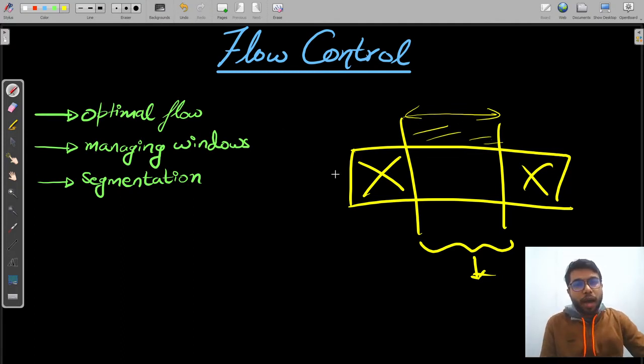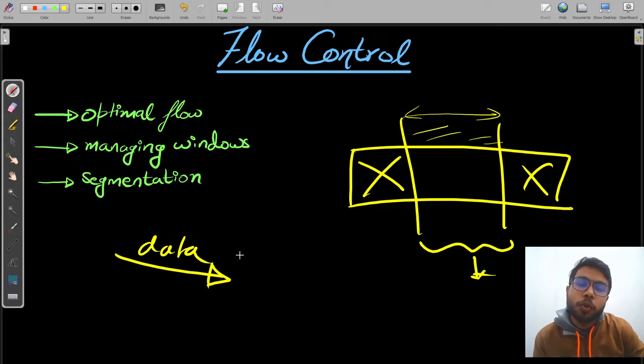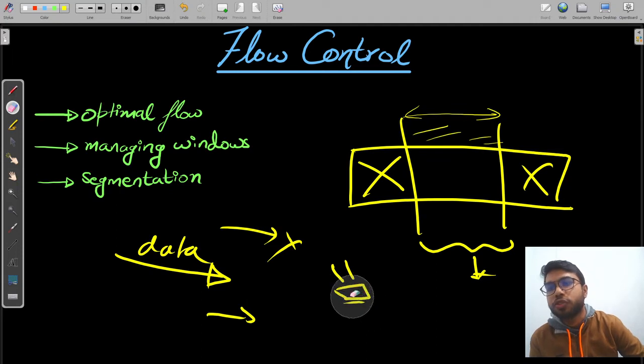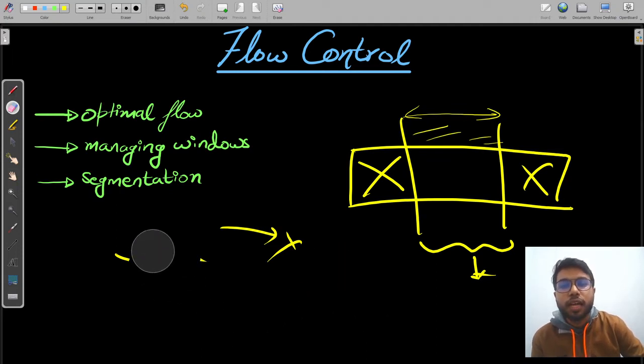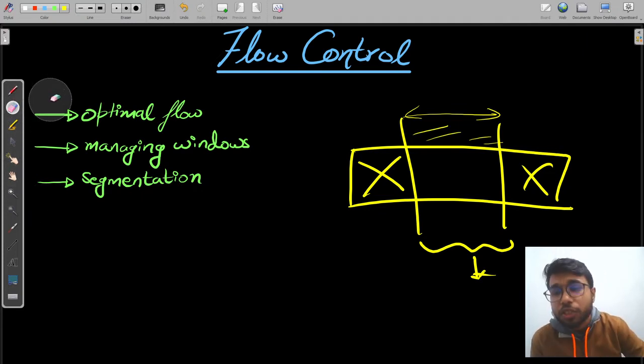You manage your window in such a way that your flow happens perfectly. You want to send data, but you don't want to send too much, and you don't want to send too little either, because if you're sending way too little, it will be wasteful. We will be discussing those things, but for now, let's move on to segmentation.